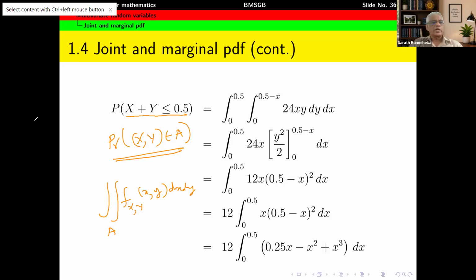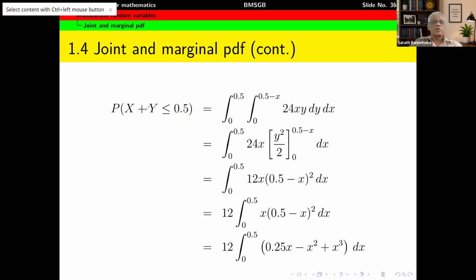So how do you find that A here, right? You have to first figure out that area A or the set A. It will be a subset of the two-dimensional plane. And then you have to do the integration to cover that area. Right. So here what I want is x plus y less than or equal to 0.5.